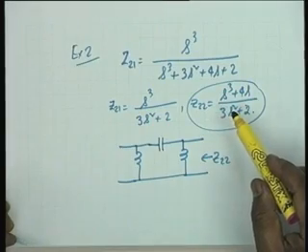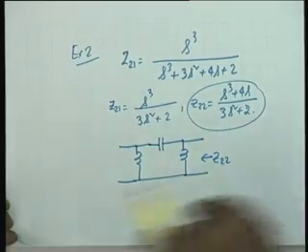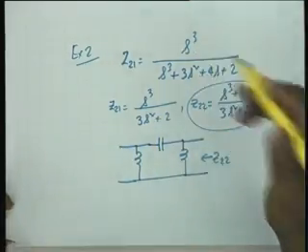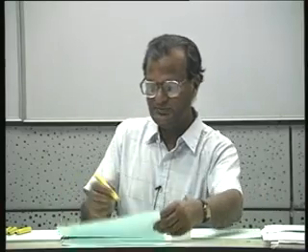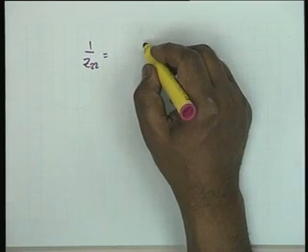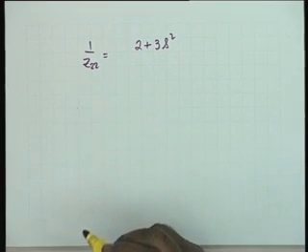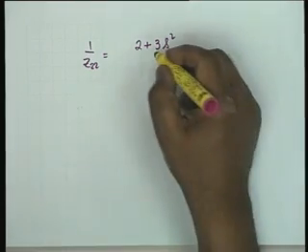Now, what do I do? I expand Z22 in cover 2. Z22 does not have a pole at the origin, therefore I must take the reciprocal of this. 1 by Z22 is equal to, now I write, cover 2 means continued fraction expansion starting with the lowest power.